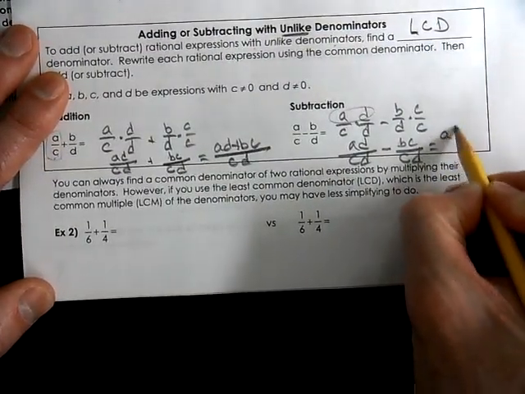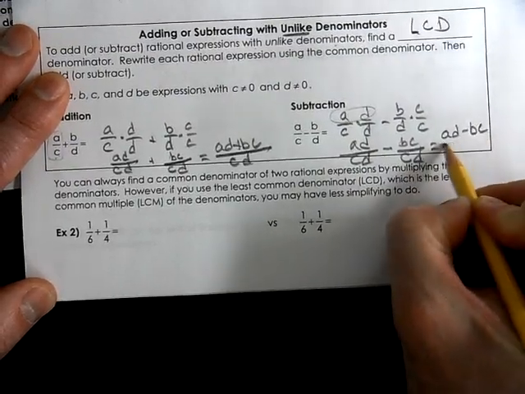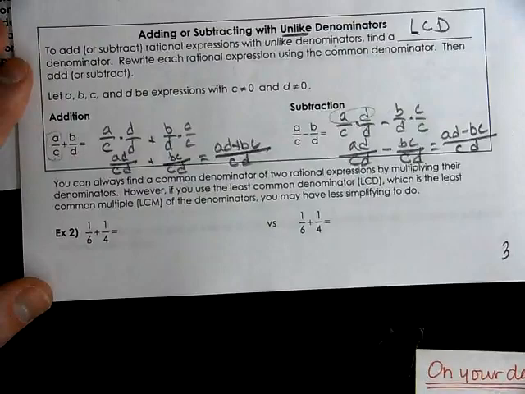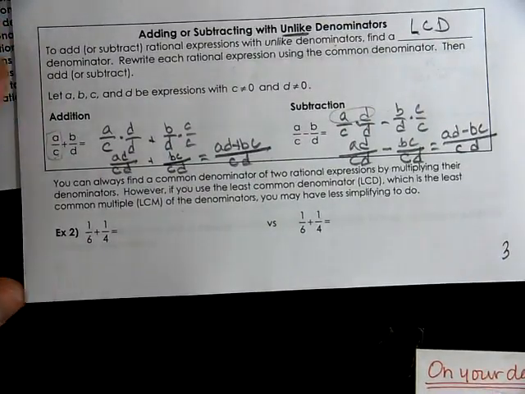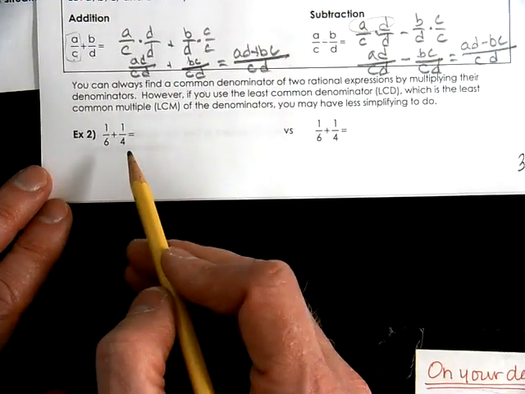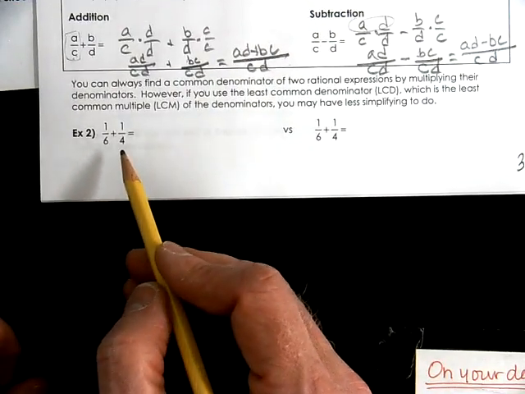So I can do the math of AD minus BC over the common denominator.